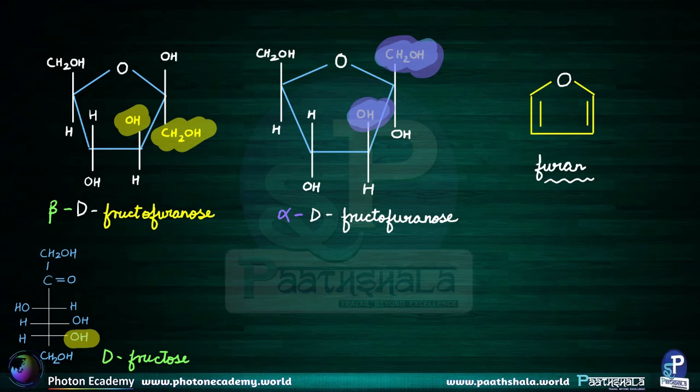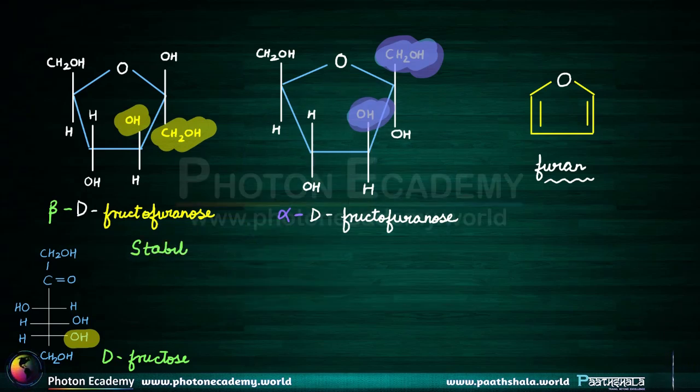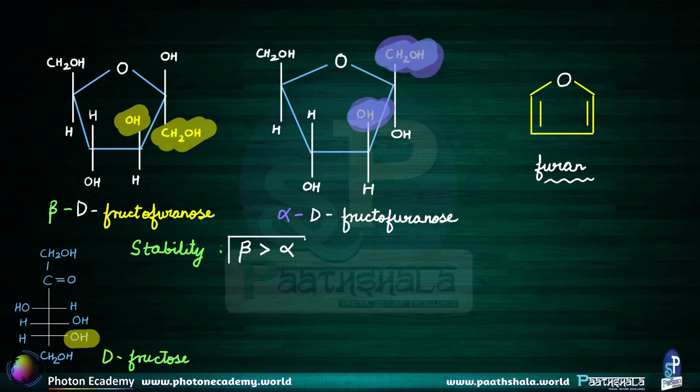The placement of two big groups is going to cause a lot of steric hindrance. So if we are to discuss the stability order, the beta form is more stabilized than the alpha form. This is a conclusion that we can easily draw looking at the cis and the trans form.